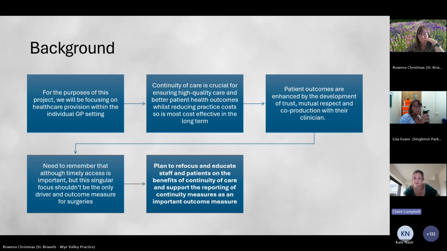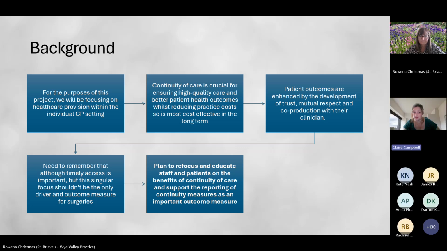Whilst maintaining good access to healthcare is the founding principle of the NHS, a singular focus on just improving the access of speed to a workforce with a finite capacity can have the unintended negative consequences of deprioritising continuity of care. The purpose of this project is to refocus and educate practice staff about the benefits of continuity of care, and then understand how to implement lasting positive changes for their individual patient populations.